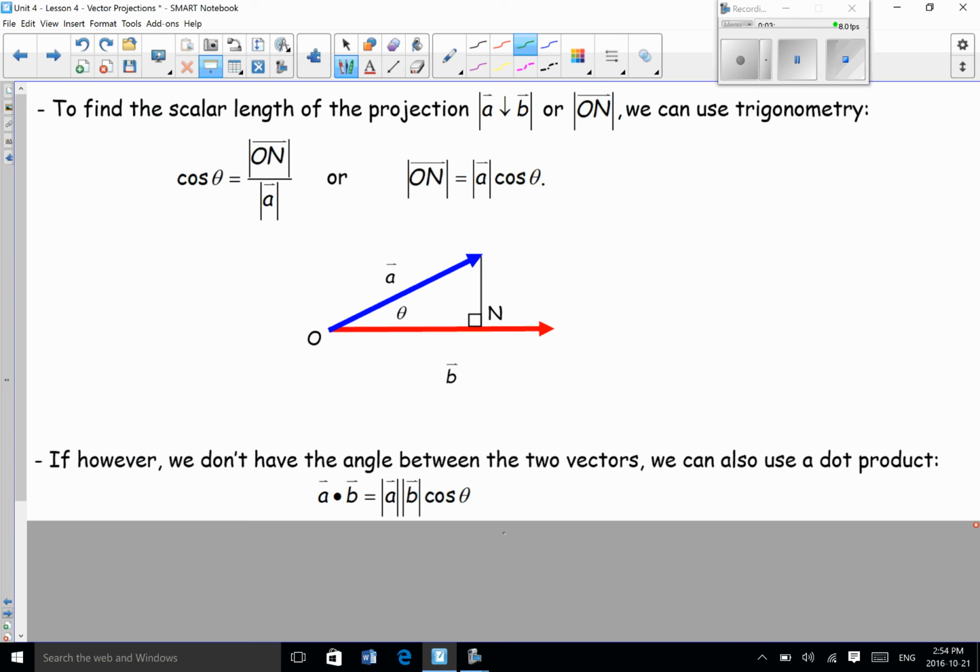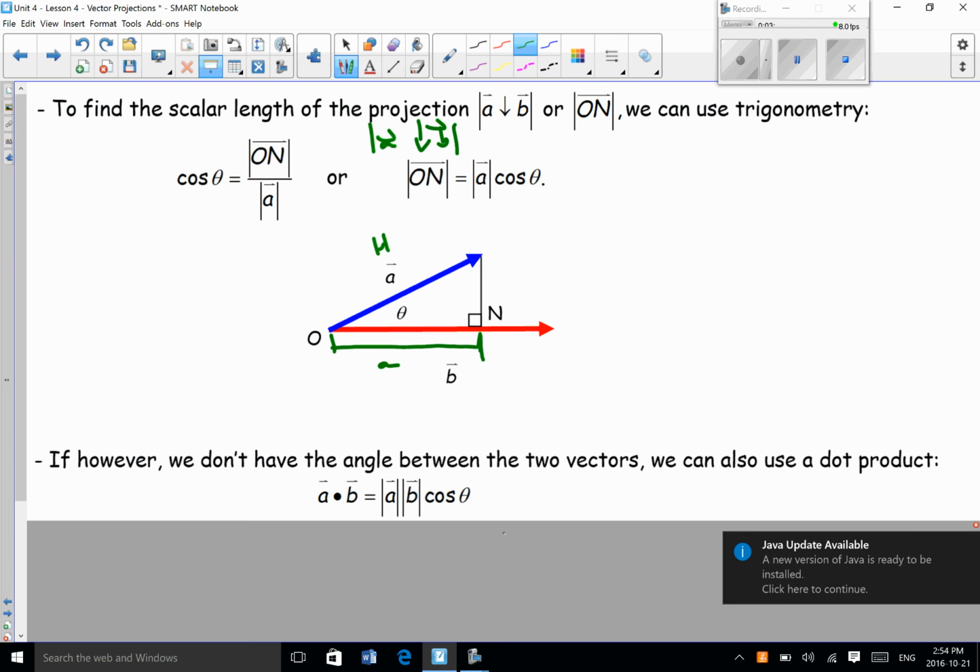If I take the cos of the angle between the two vectors, the cos will be the adjacent over the hypotenuse. The adjacent is my vector projection, and the hypotenuse is the vector A. So I can say the cos of the angle is my vector projection over A. Or if we cross multiply that, our vector projection, ON, which is just A onto B, is equal to A cos theta. Notice we have two scalar values.